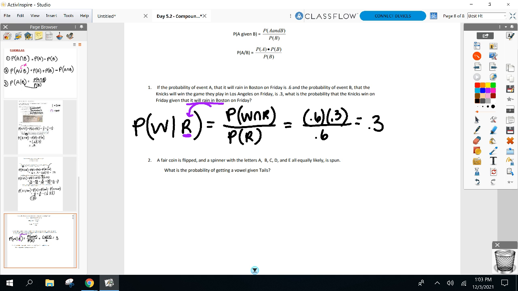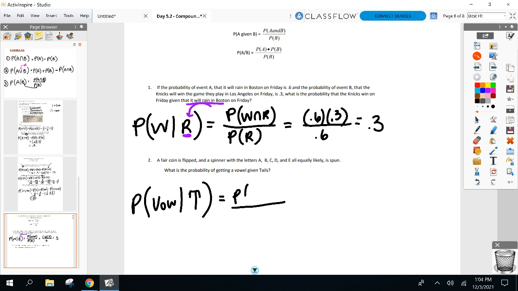Go back to my flipping a coin and my A, B, C, D, E. Looks like I left out F. What's the probability of getting a vowel given tails? So here we go, vowel given tails, however you want to write that. All right, go to your formula. What's got to go on top?